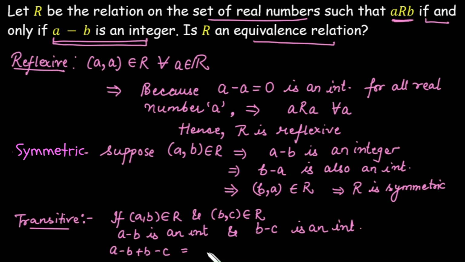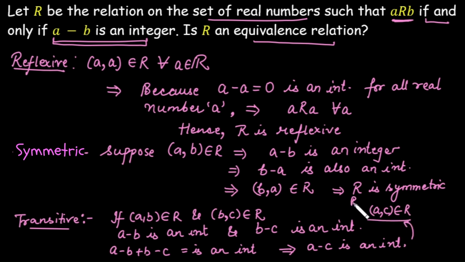On the left hand side we are getting this form, and on the right hand side we can say that it is an integer. So this implies A minus C is an integer. So if A minus C is an integer, it means the ordered pair (A, C) is a part of relation, and hence R is transitive. So if R is reflexive, symmetric, and transitive, we can say that R is an equivalence relation.